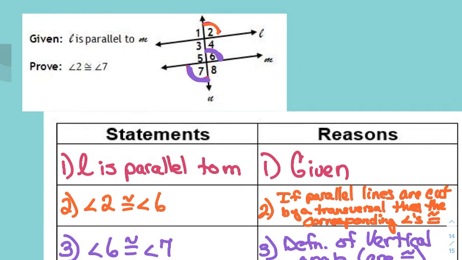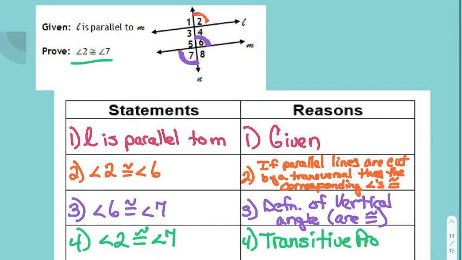Angle 6 is congruent to angle 7. Therefore, angle 2 must also be congruent to angle 7. That does give us our proof statement, and that was the transitive property of congruence. There you go.